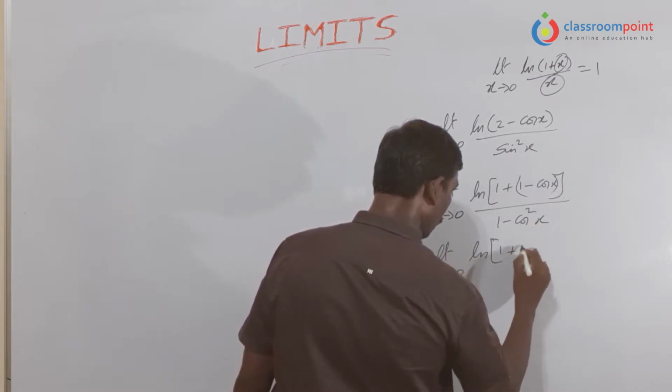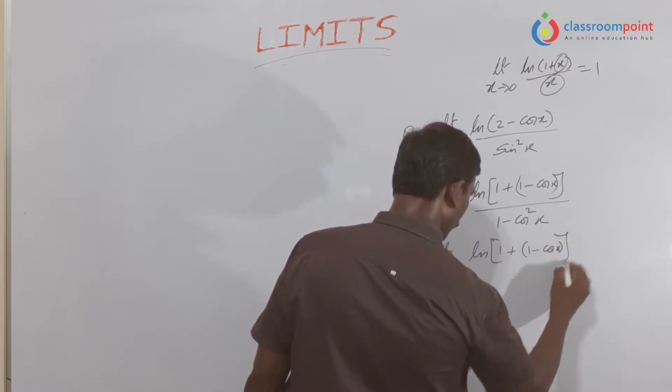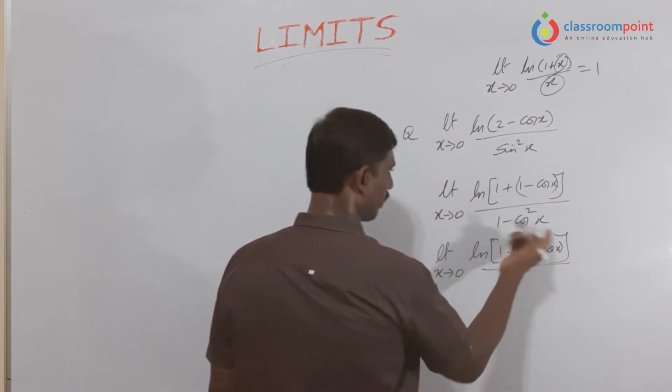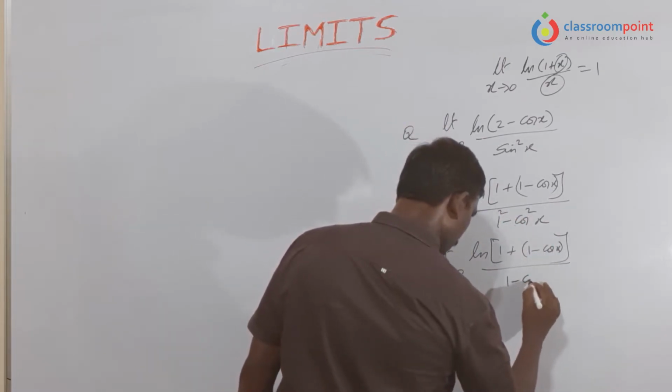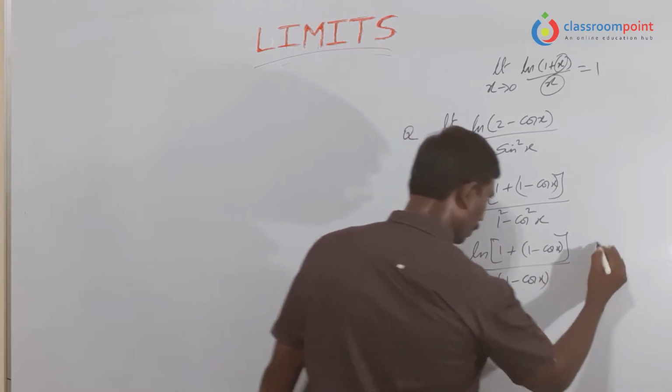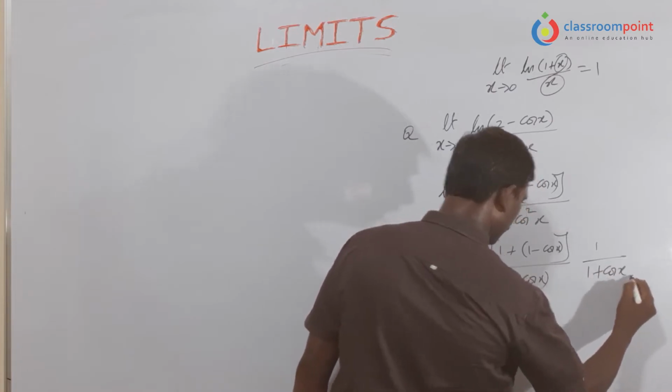Remember, 1 plus 1 minus cos x by a square minus b square formula, it is a minus b into a plus b, I shall write here 1 plus cos x.